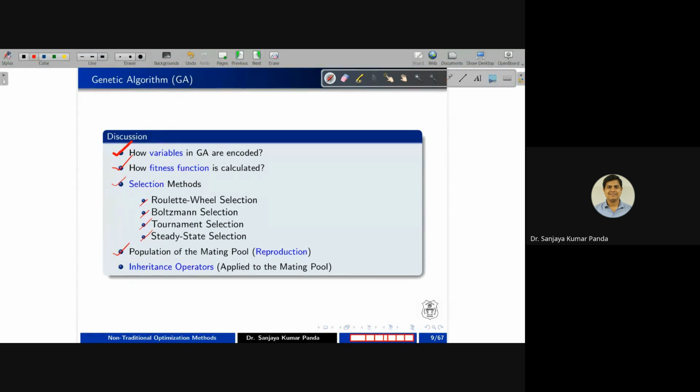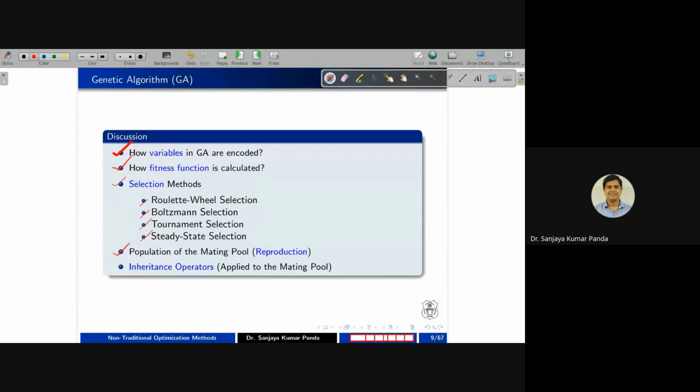Apart from this, there are several types of operators we are using. We call them inheritance operators, which are applied to the mating pool. What are the inheritance operators? For example, you are applying, let's say, the process of crossover. I'll tell you these terms later. If you are new to genetic algorithms, maybe these inheritance operators, whatever I'm saying, are also new to you.